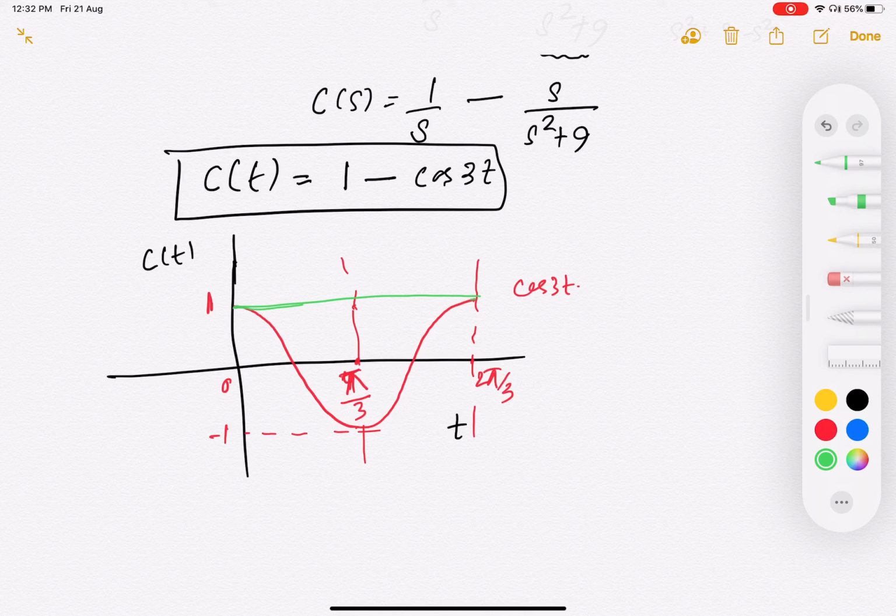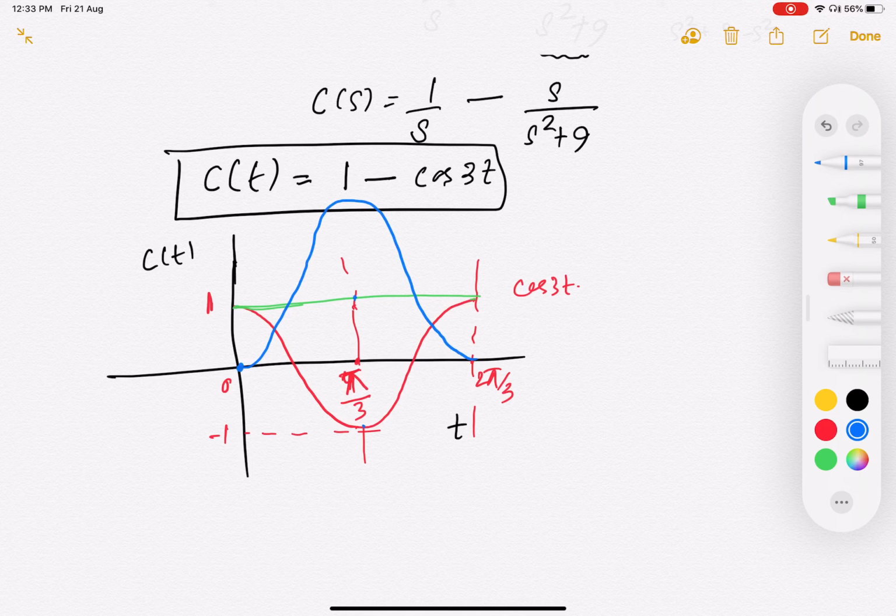So if I subtract the green part and the red part, what will I get? Here this is 1 minus 1. It has to start from 0, so it will start from 0, right? Here this is going to be 1 plus 1, because this is 1 and this is minus 1 here. So at pi by 3, it's going to be 2.